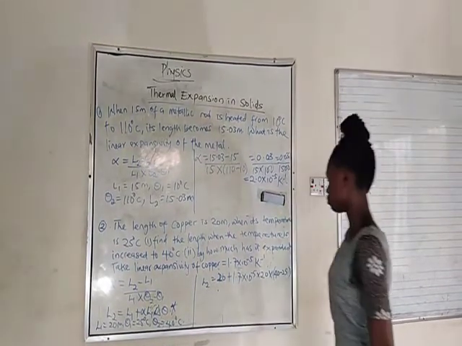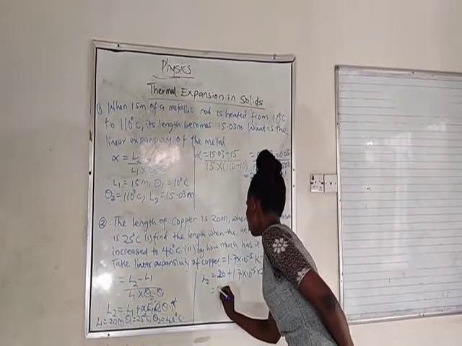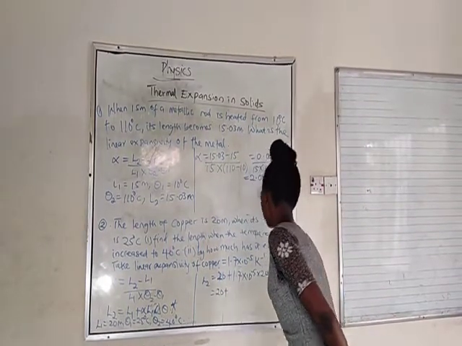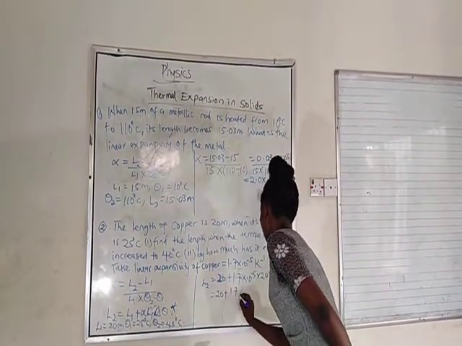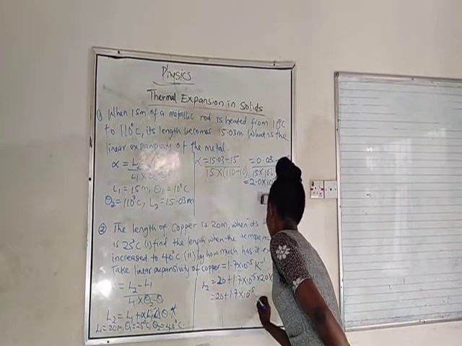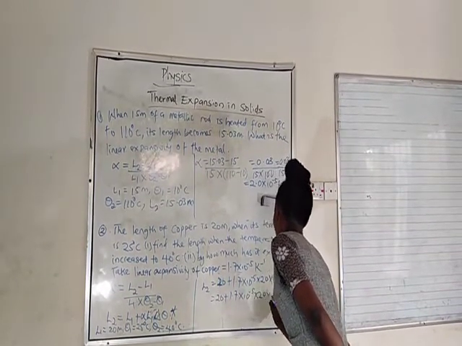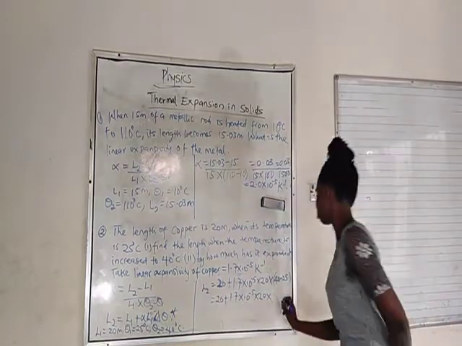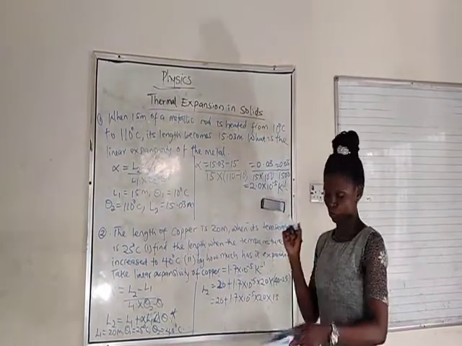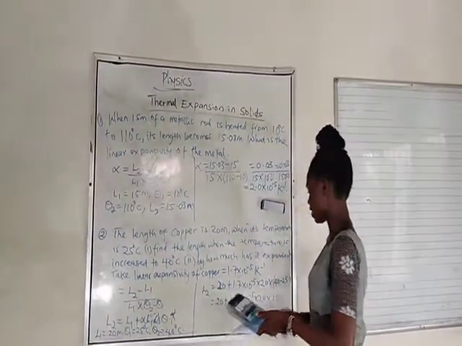Let's put that in brackets. So you're going to have 20 plus 1.7 times 10 raised to the power minus 5 times 20 times 15, since 40 minus 25 gives us 15. So punch your calculator and let's know what that answer is.